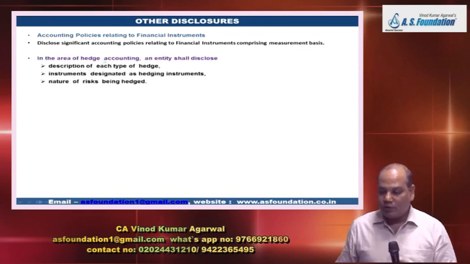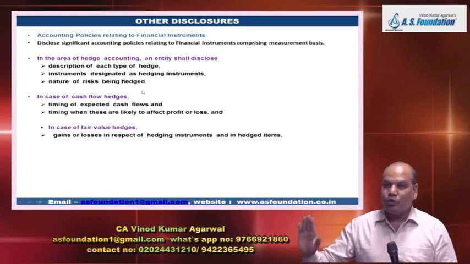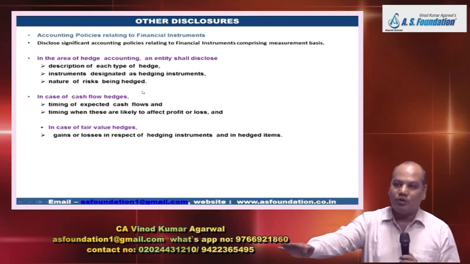In case if you are following hedge accounting, which is an option you can choose but subject to certain condition, then you have to disclose for hedge accounting nature, description of each hedge, instrument designated as hedging instrument, nature of risk being hedged. All this we discussed earlier also, but now it also comes in your notes to account.